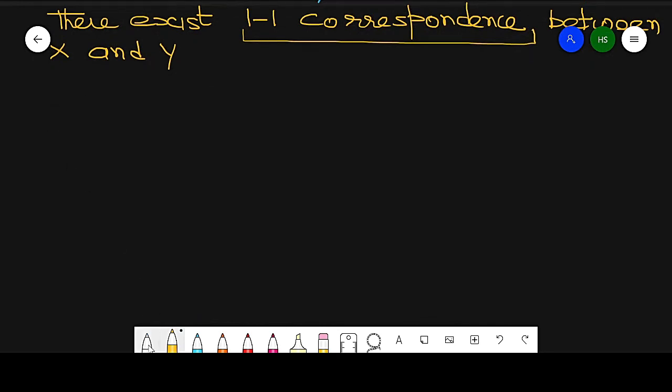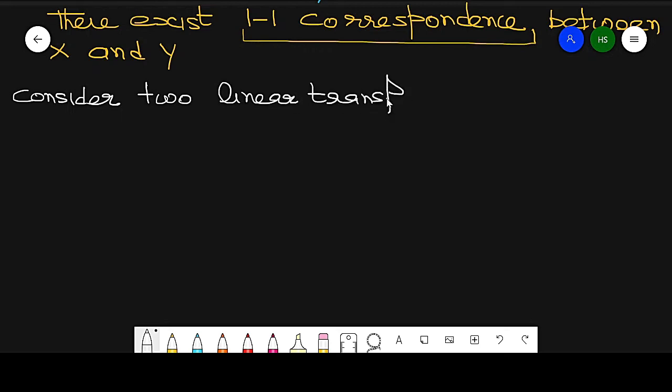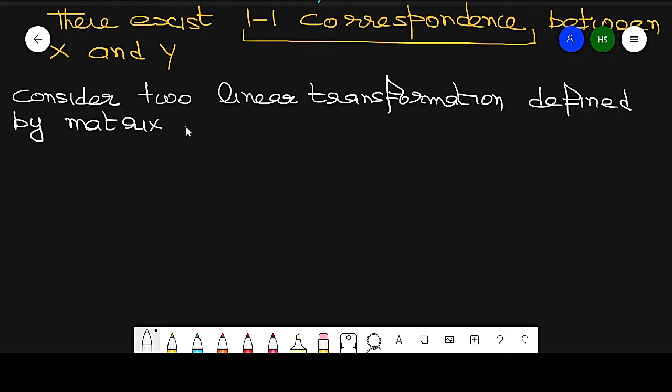Now consider two linear transformations defined by matrix equations, as we defined already: y equal to Px.